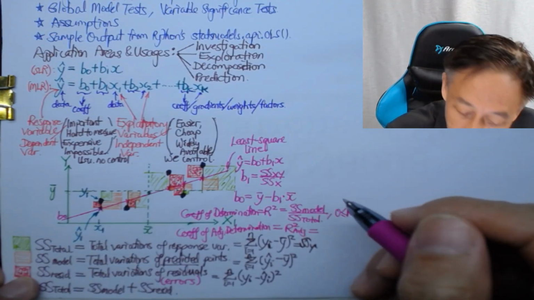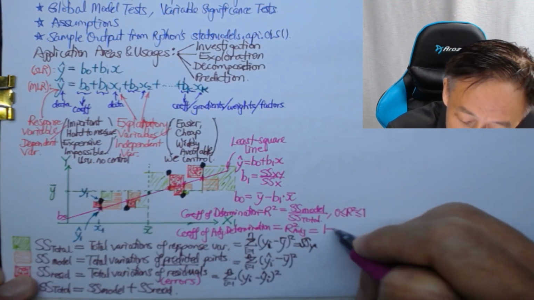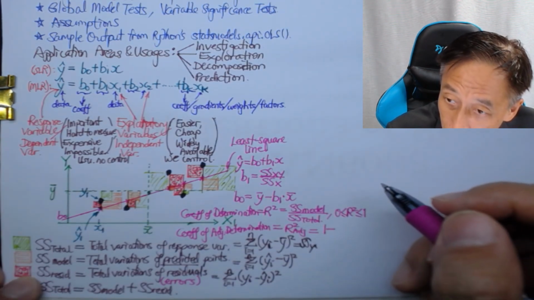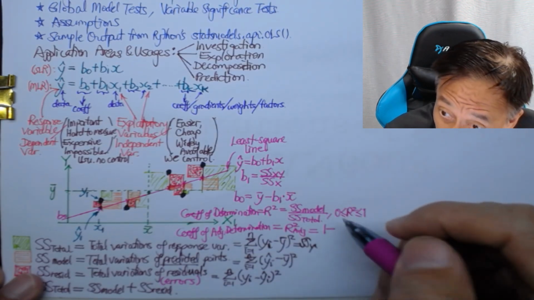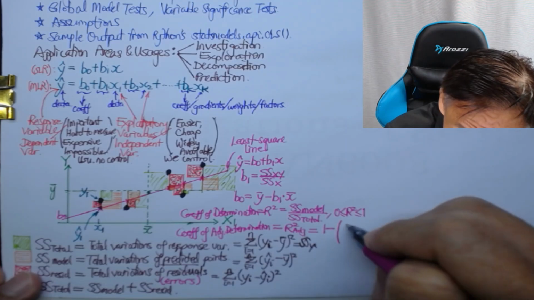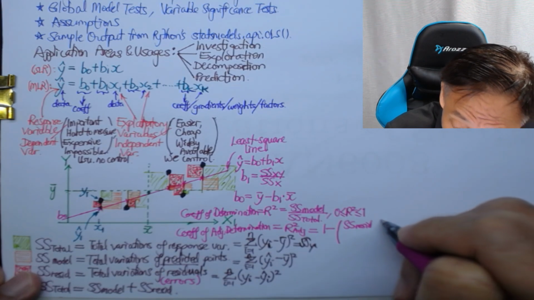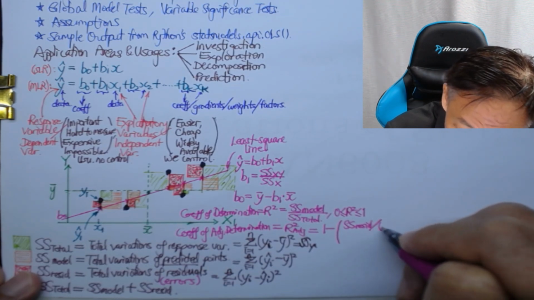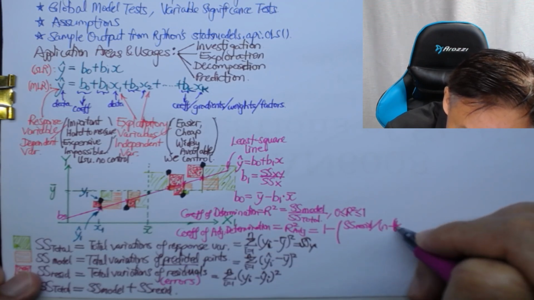And that is basically 1 minus SS residual divided by the remaining n minus k plus 1.